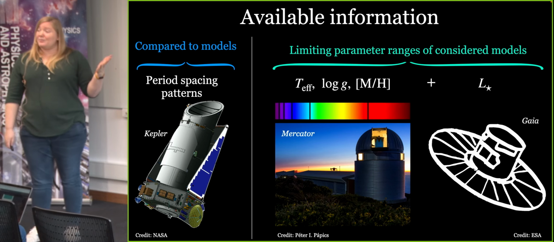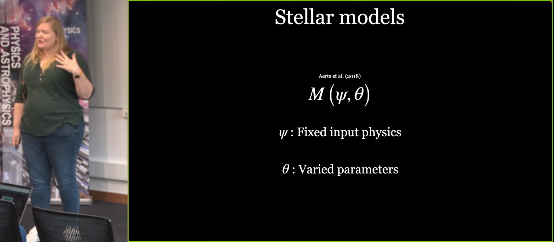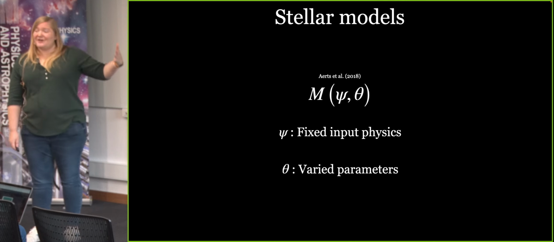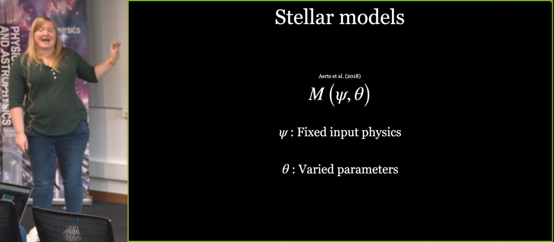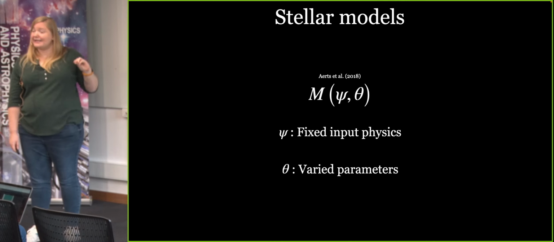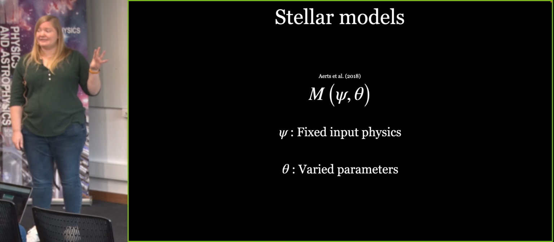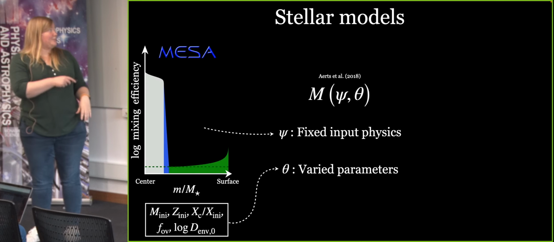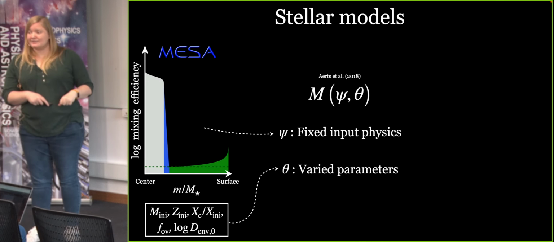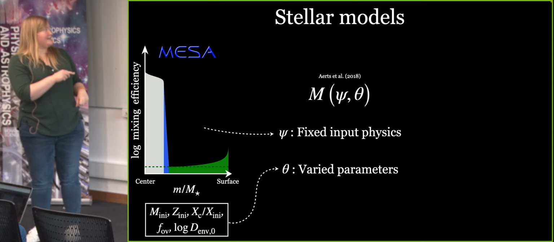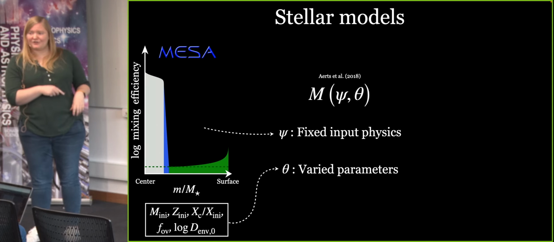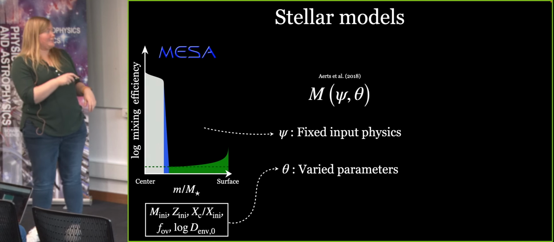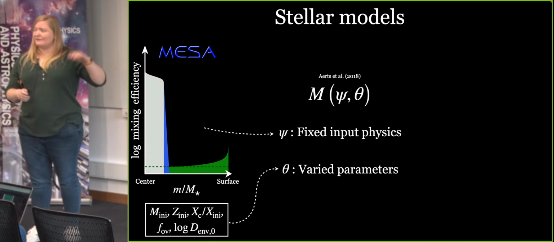The way we carried out the modeling was using a stellar structure and evolution code called MESA. And the way that we define our models is by saying we have a set of varied stellar parameters and a set of fixed input physics. An example of fixed input physics is the shape of these mixing profiles. All right? So whether or not this is an exponentially decreasing function that we have in the convective boundary mixing region, and exactly the shape of this envelope mixing in the envelope as well.